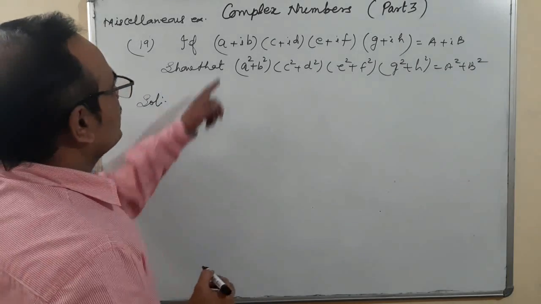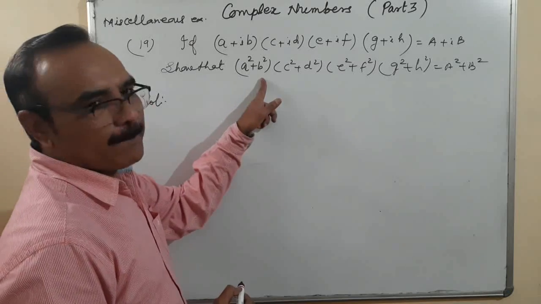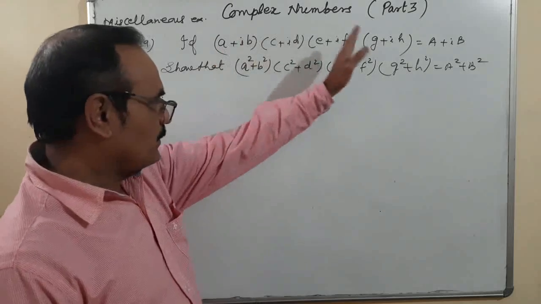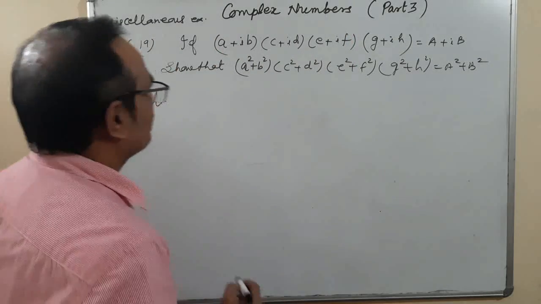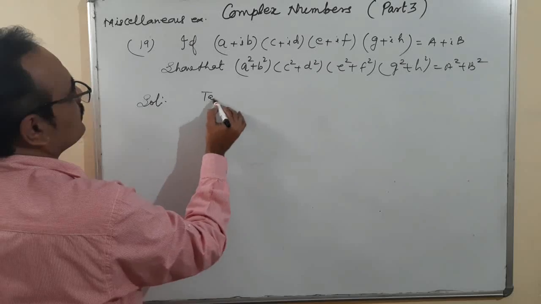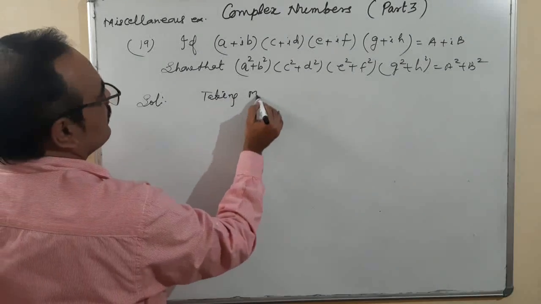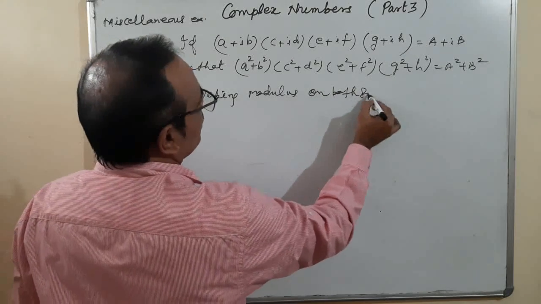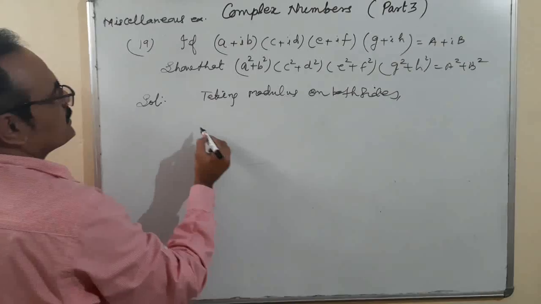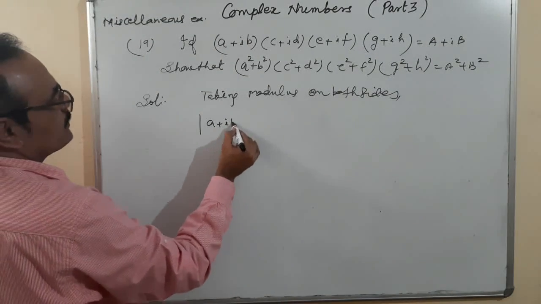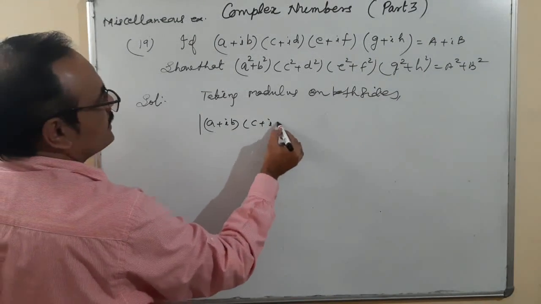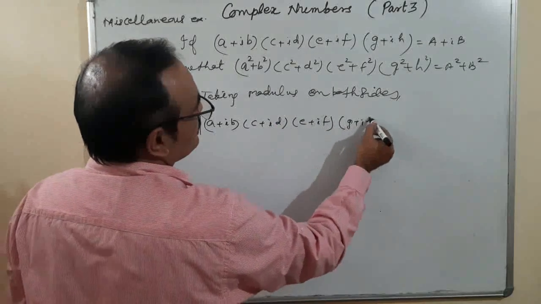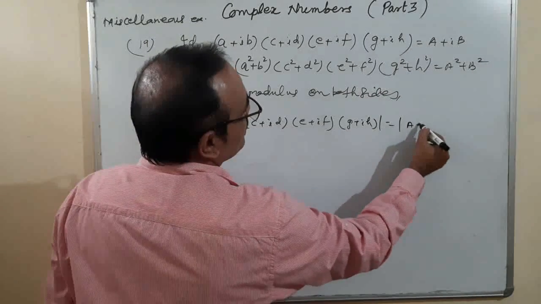Similarly, you can see that a minus ib also becomes a square plus b square. So what should be done? First of all, we are taking the complete term in the form of mod. Taking modulus on both sides, so this is mod of (a plus ib)(c plus id)(e plus if)(g plus ih) is equal to mod of a plus ib.